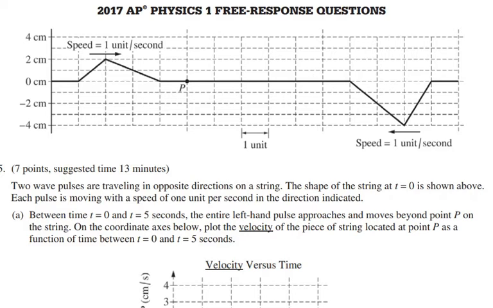Between time t0 and t equals 5 seconds, the entire left-hand pulse approaches and moves beyond point P on the string. On the coordinate axis below, plot the velocity of the piece of the string located at point P as a function of time between t equals 0 and t equals 5 seconds.